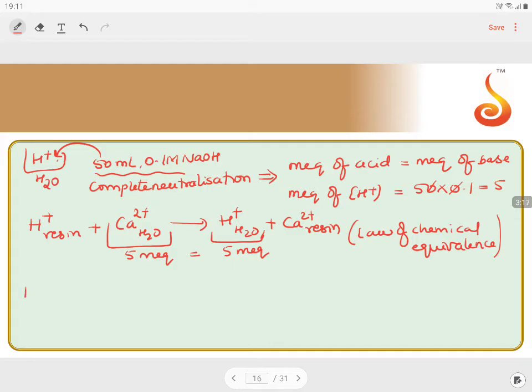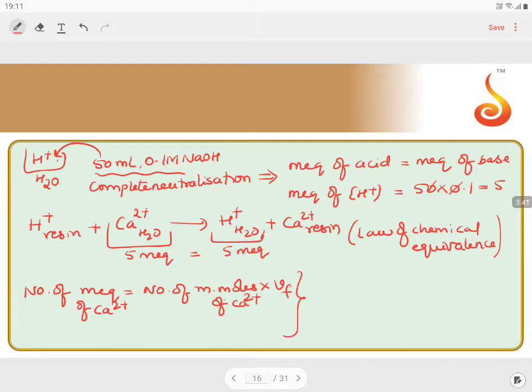Now we know the formula, number of milliequivalents is equal to number of millimoles into valency factor. So the number of milliequivalents of Ca2+ will be equal to millimoles of Ca2+ into valency factor.